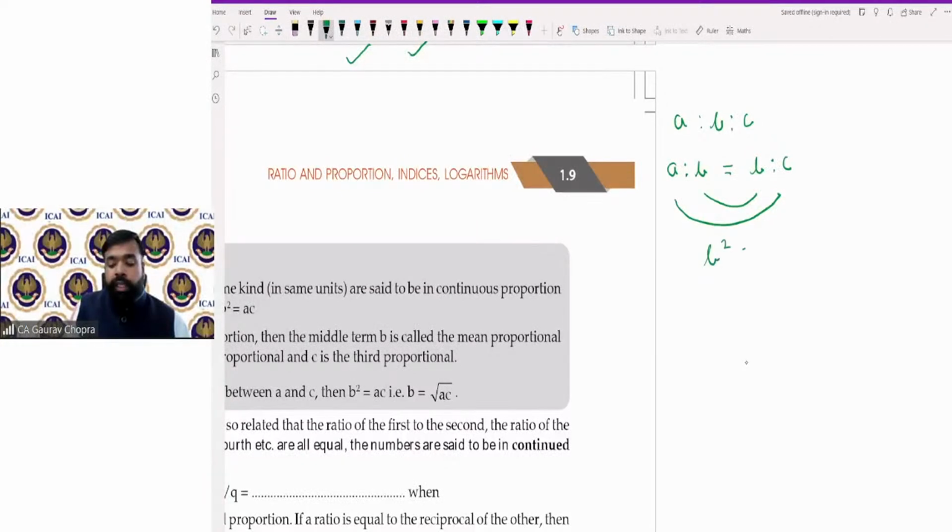What we get? B square equal to AC. So this becomes the condition. So if there are only 3 values A, B, and C, then we can apply this formula. B square is equal to AC. This is the condition applicable when there are only 3 numbers. But when there are 4, then we can apply AD is equal to BC.